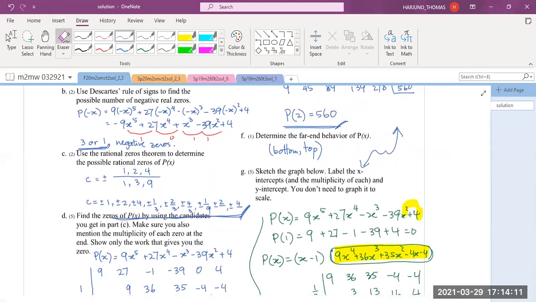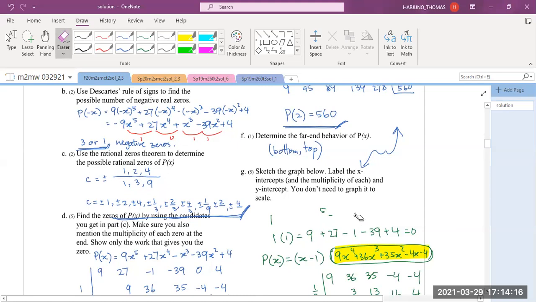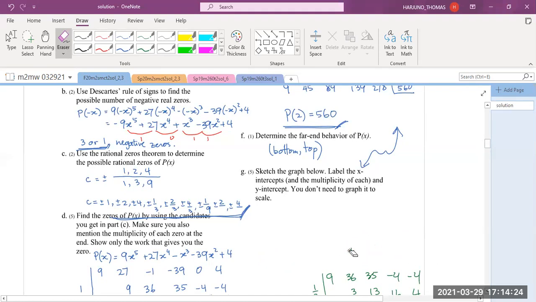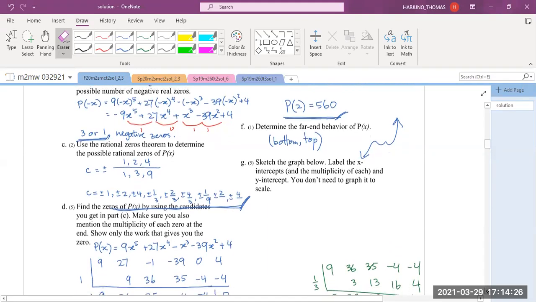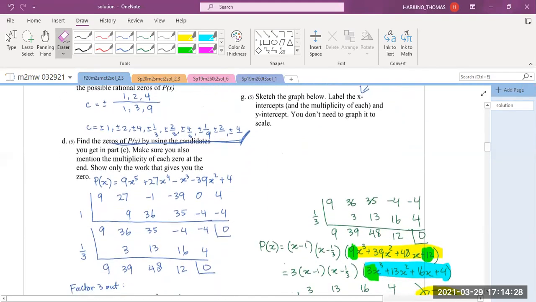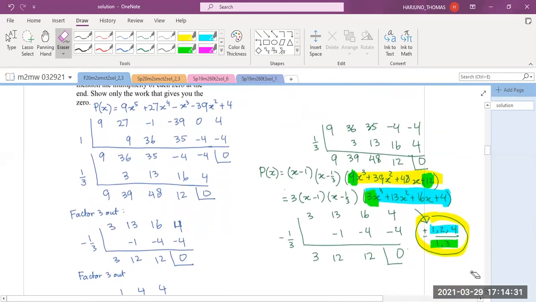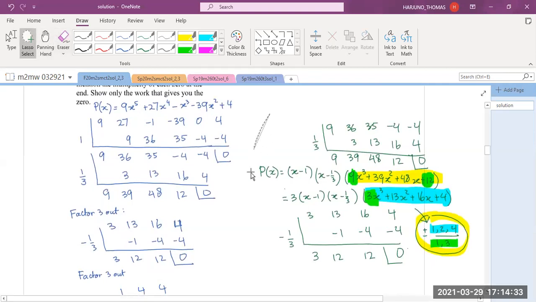Now part G, sketch the graph. Label the x-intercepts and the y-intercept. Be aware of the multiplicity. You don't need to graph that to scale. Let me lasso this so that we can erase it faster.